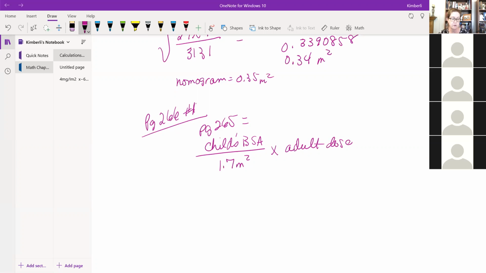Now we can figure it out, right? What's the child's body surface area? So we go back to the nomogram and we're looking at 25 inches and 15 pounds. So 25 inches on the left side is right in between the 24 and the 26, and 15 pounds on the right side is right between the 14 and the 16.